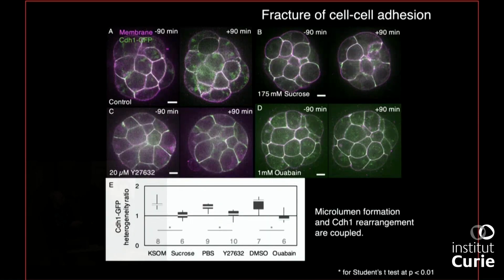And so we have three different ways of blocking the fluid accumulation, and what we see is that if you block fluid accumulation in those three different ways, E-cadherin stays more homogeneous. Okay? So you need fluid accumulation to relocalize E-cadherin to these patchy foci. So this is compatible with the idea that the adhesion is broken by the fluid.